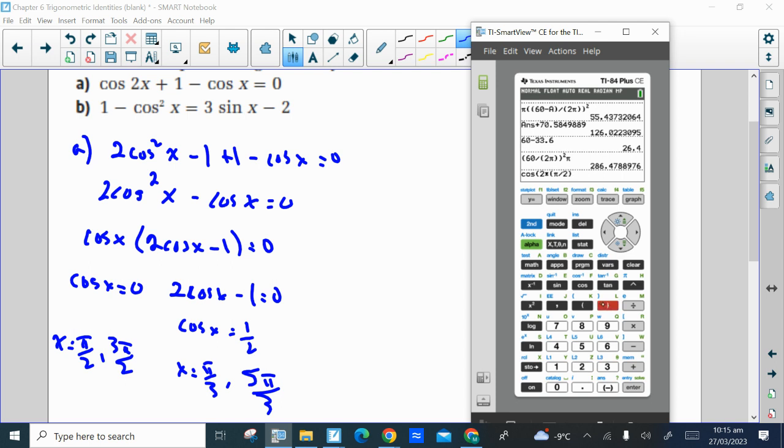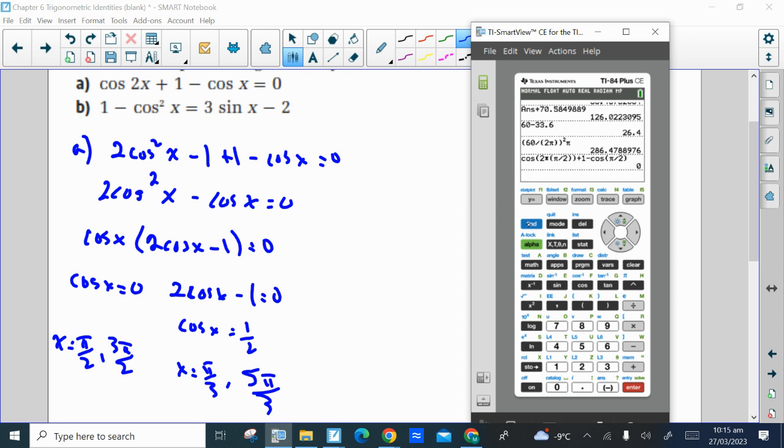Close the bracket on the pi on 2. Close the bracket of the cosine of 2 times pi on 2. Plus 1 minus the cosine of pi on 2. I'm checking that original equation. That should equal 0, and it does. Right, so that one works.